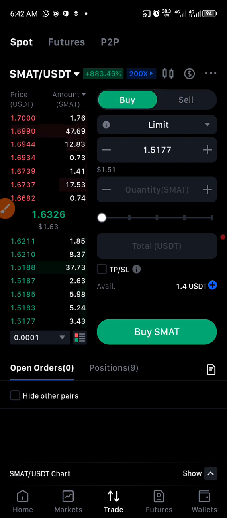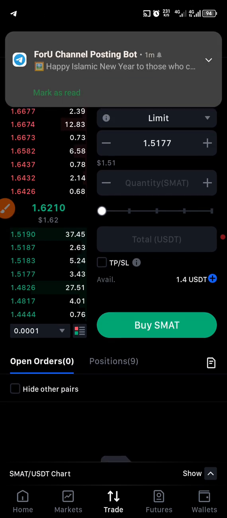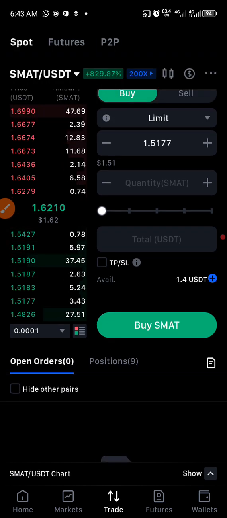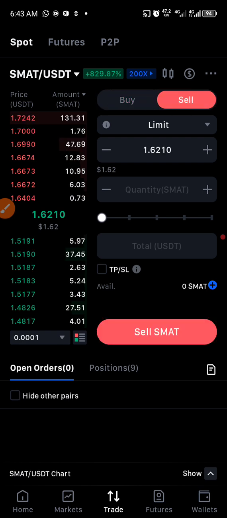What you need to do is buy this coin, then hold it. Whenever it gets to the desired price that you want, all you need to do is come to this place and sell it immediately. So the risk level in this is minimal.